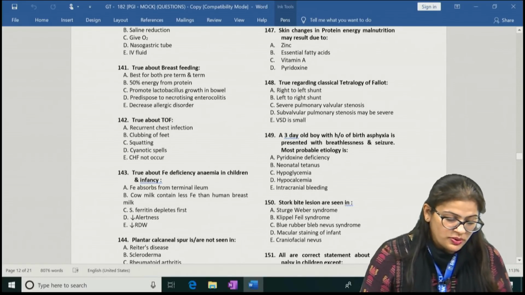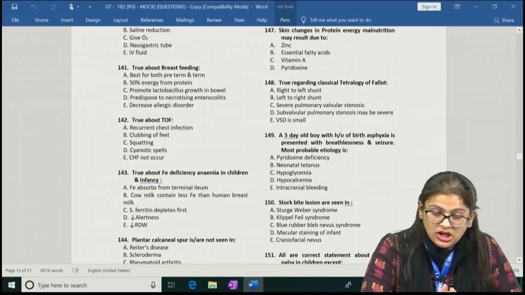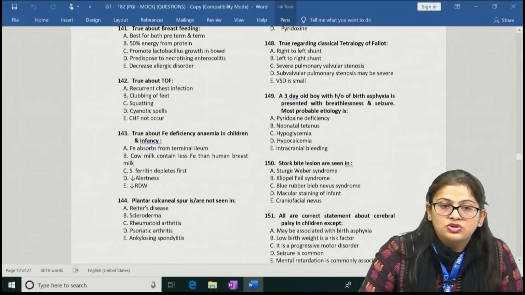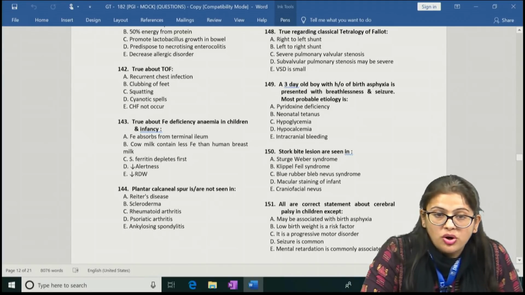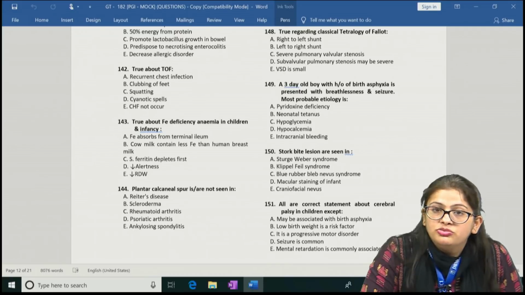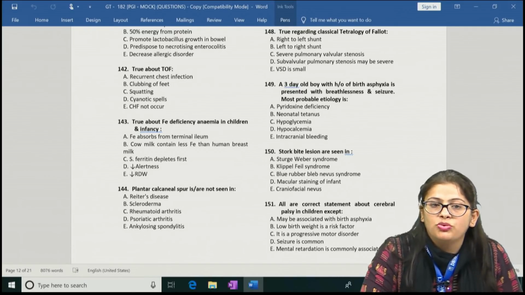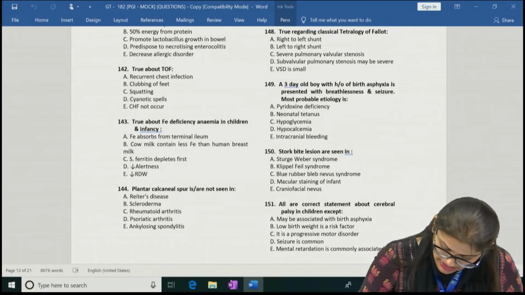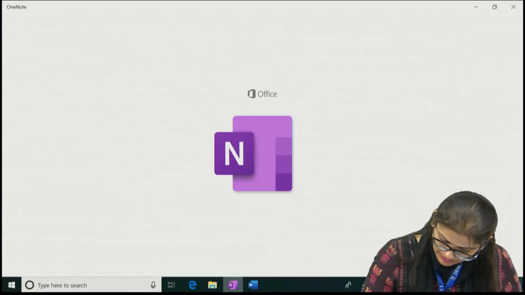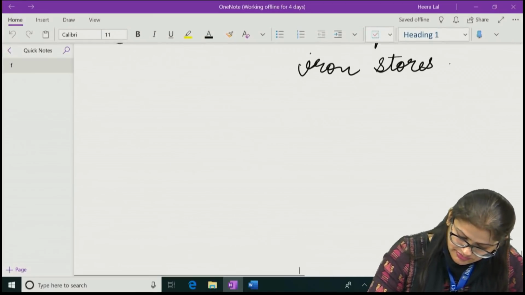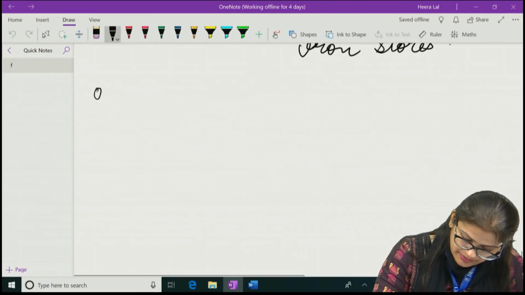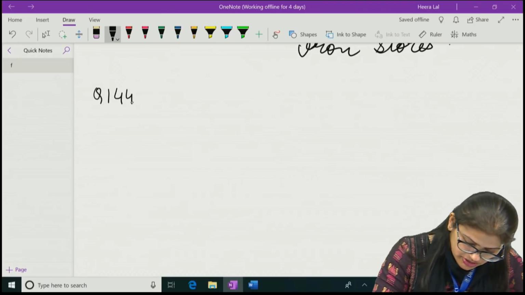Now we come on to question number 144. Question number 144 talks about plantar calcaneal spur, which is not seen in Reiter's disease, scleroderma, rheumatoid arthritis, psoriatic arthritis, or ankylosing spondylitis. So now let us first see what a calcaneal spur is.